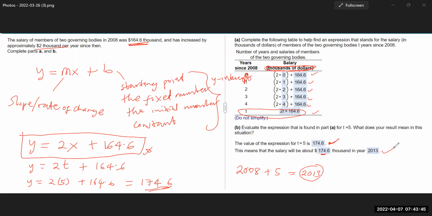So you ask yourself these questions: what number is changing? The one that is changing becomes your slope. What number is fixed? What is the starting number, the initial number, the constant? Those should be your y-intercept. And that should be a very good guide to help you in dealing with the problem.